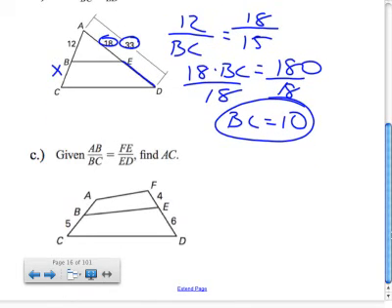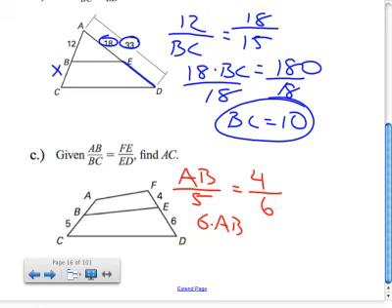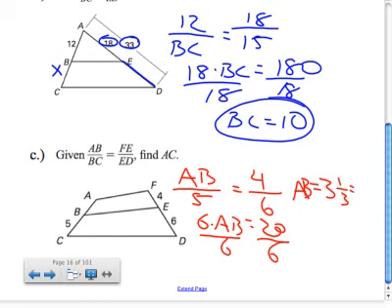And then finally, part C. Again, we have a proportion that we're given. So we have AB, which is what we don't know, over BC, which is 5, is equal to FE, which is 4, over ED, which is 6. Cross multiply, 6 times AB equals 20. Divide both sides by 6. So AB is equal to 3 1/3, which we'll leave as 10 over 3.